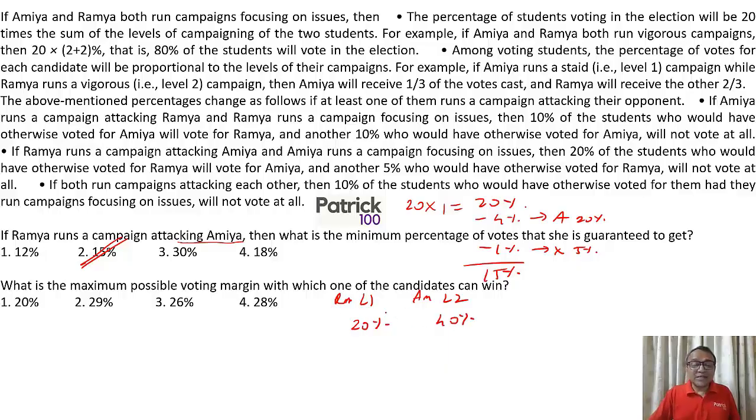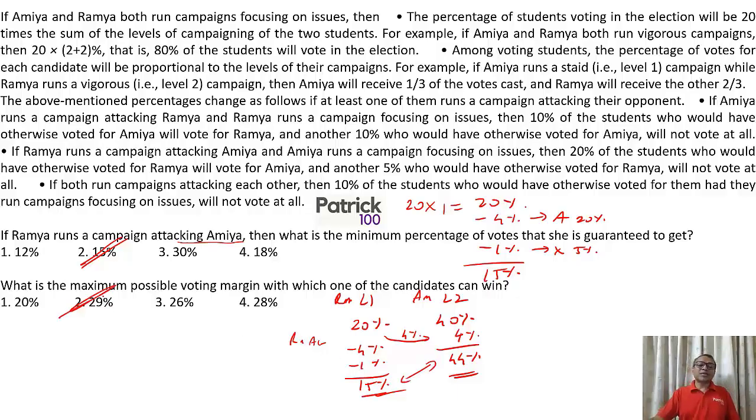Plus, if Ramya is attacking, 20% will go out, so 4% will go to AMIA. So AMIA will get 44%. But Ramya will lose 4%, and will also lose 1% because 5% of the votes will not vote, as in the previous case. So Ramya will get 15%, AMIA will get 44%. The difference is 29%, second option, maximum. That will be the answer.